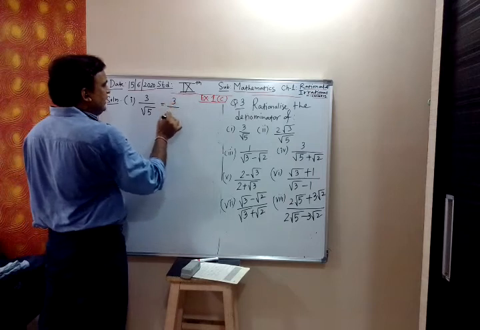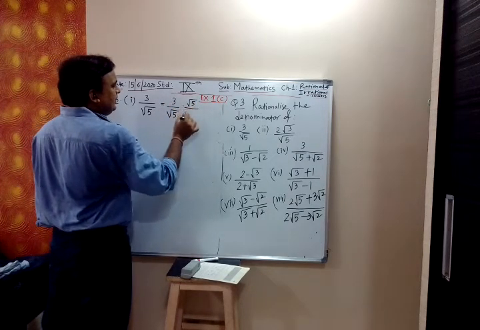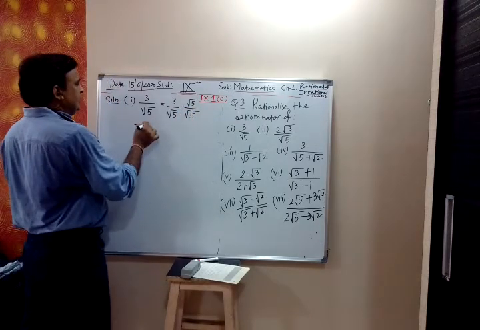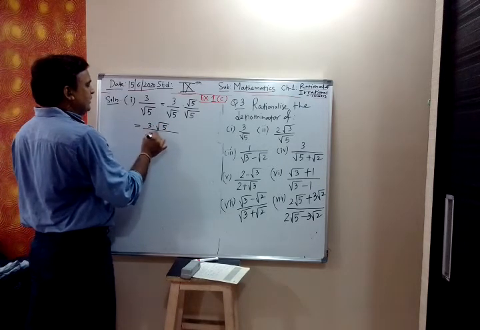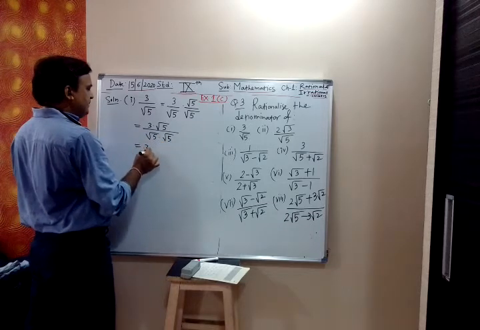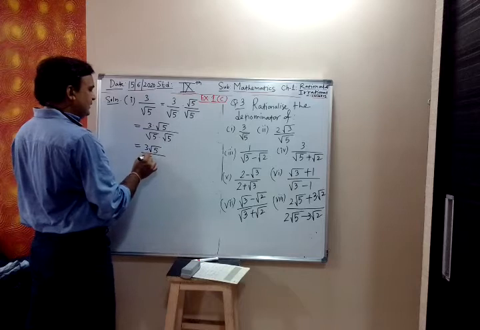So 3 upon root 5, now multiply and divide by root 5. So this becomes 3 into root 5 upon root 5 into root 5. So that is 3 root 5 upon 5, since root 5 into root 5 is 5.